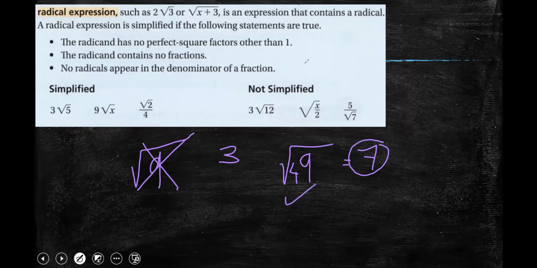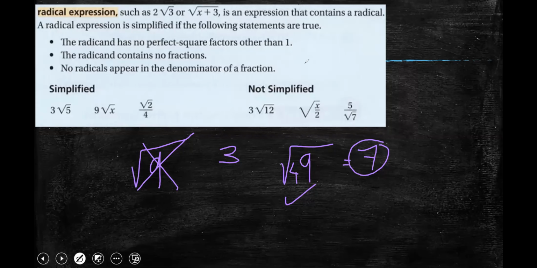The second one, the radicand, for example, the square root of 7. The radicand contains no fraction, and no radicals appear in the denominator of the fraction.